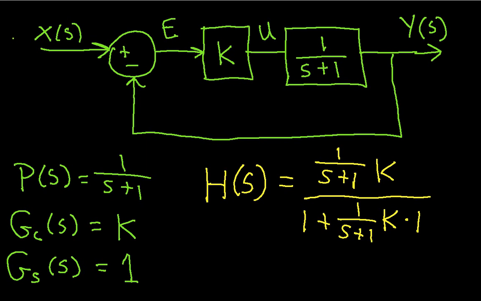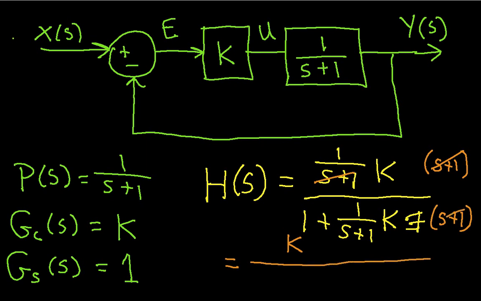So to make this a little more straightforward, I will assume that everybody's okay with just multiplying by 1, and I'll multiply the top and bottom of this fraction by s plus 1. And when I do that, this s plus 1 cancels this s plus 1, so I'm left with just k in the numerator.